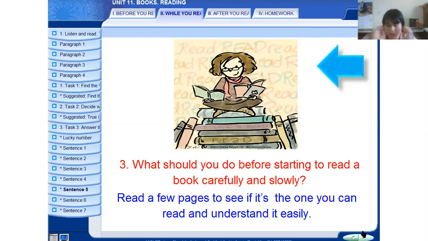Read a few pages. You read a few pages to see if it's one you can read and understand easily. You can find the information in the third paragraph.